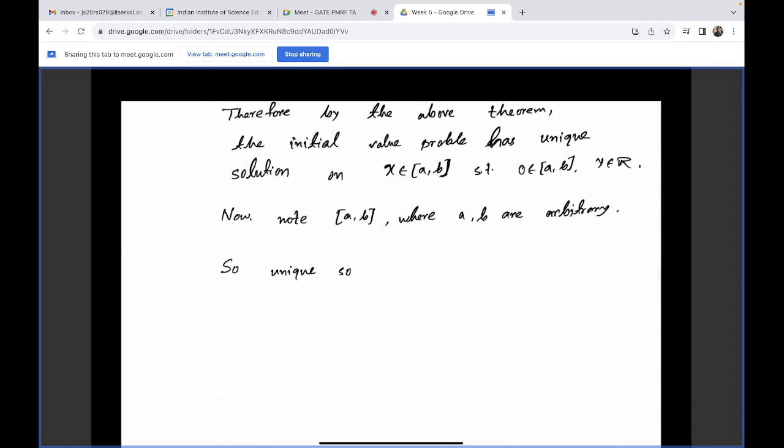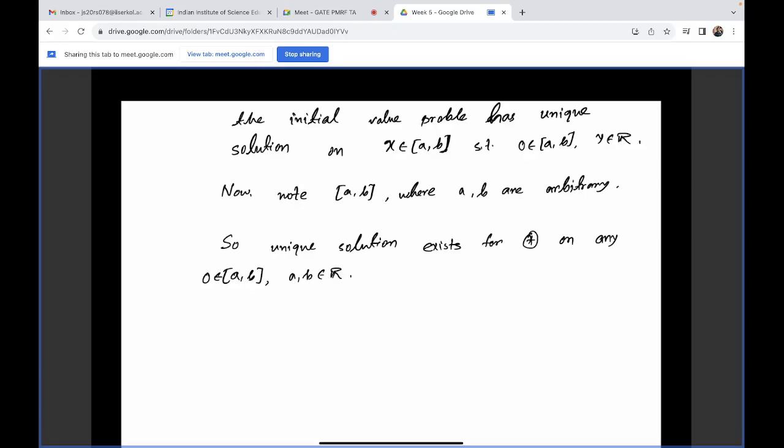So a unique solution exists for star on any interval AB containing 0, where A and B are real numbers. Which is the same as saying that this has a unique solution on all of R, right?